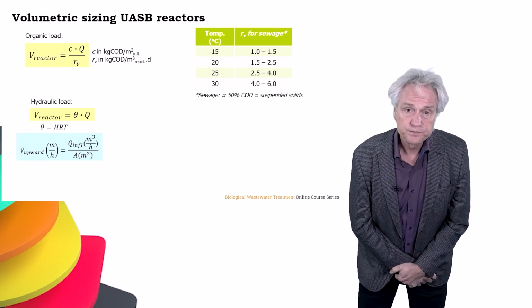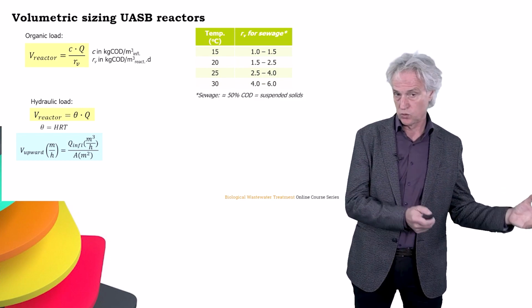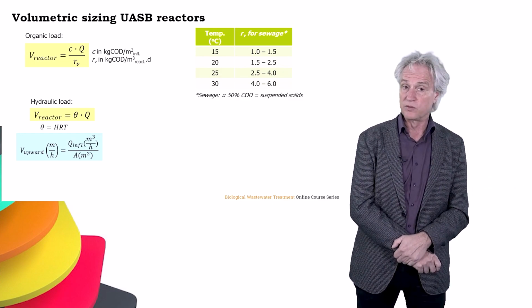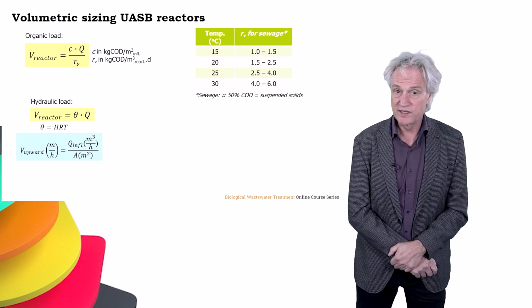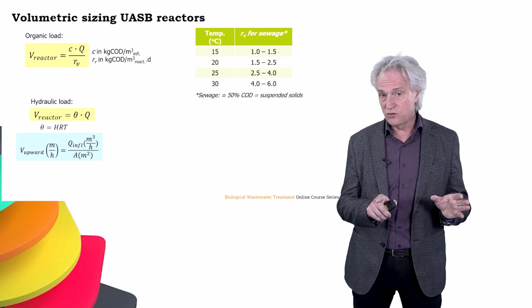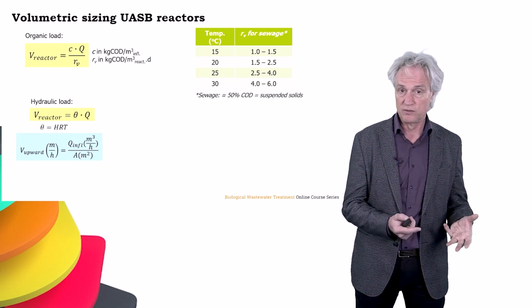Then the next one is the hydraulic load. Calculating the hydraulic load is the flow, the Q in cubic meter per day, times the hydraulic retention time. Related to the hydraulic retention time is, as I mentioned, the upward velocity.